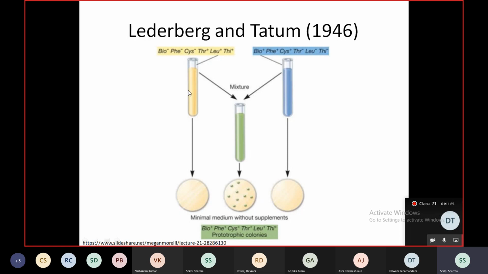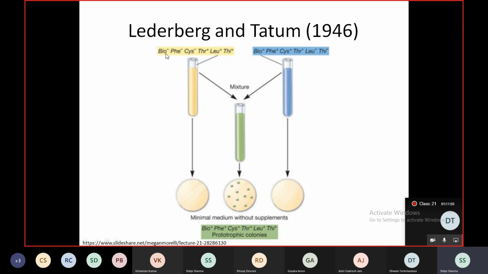And what they did was they mated, for example, this auxotroph was mixed with another auxotroph deficient in some other moiety. So for example, if this is bio-negative, this is bio-positive. So this is a prototroph for bio. And when individual, this double mutant or triple mutant, could not grow on minimal media, which is understandable.